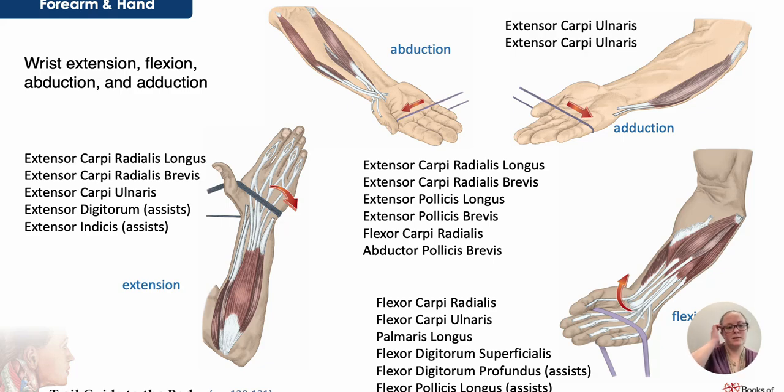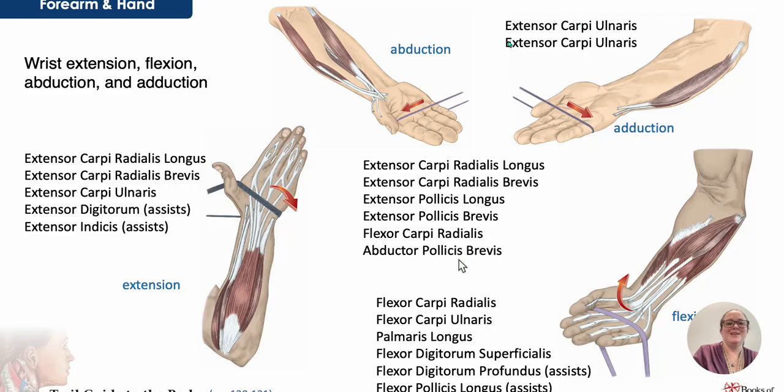And I'll explain what indicis and pollicis is when we get to the hands, so I don't confuse you guys too much, because it's really not that important. Just look at the first word, and it's going to tell you what's happening. Don't be overwhelmed. The forearm sucks.